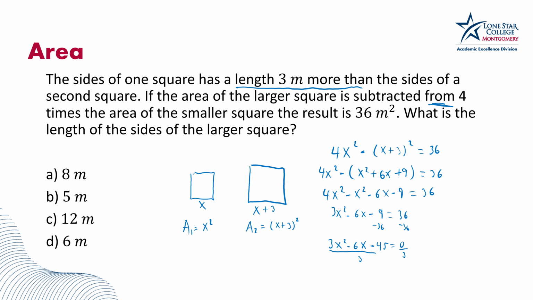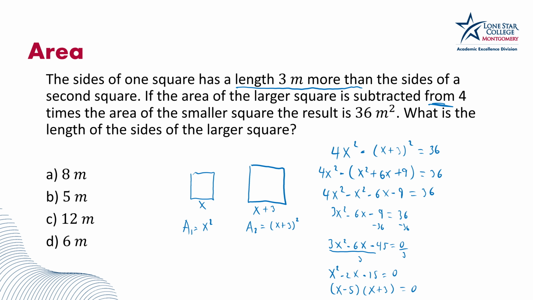We get x squared minus 2x minus 15 equal to 0. Now we need two numbers that multiply to negative 15 and add to negative 2. That has to be x minus 5 and x plus 3 equal to 0.